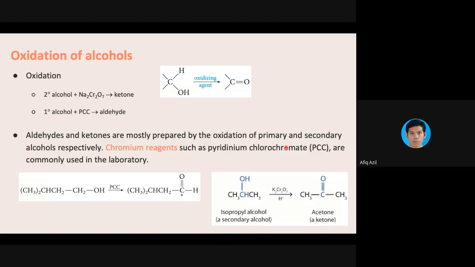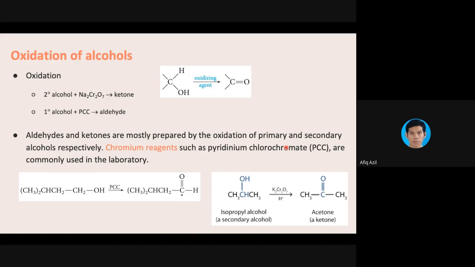And the last type of synthesis method is the oxidation of alcohol. This time around, you have to check what kind of product you want, whether it's ketone or aldehyde, because different types of alcohol need to be used.